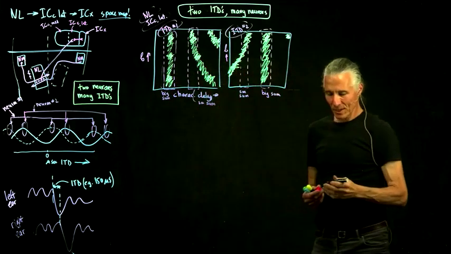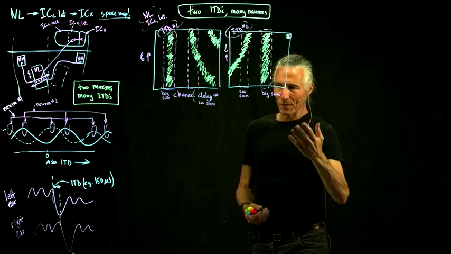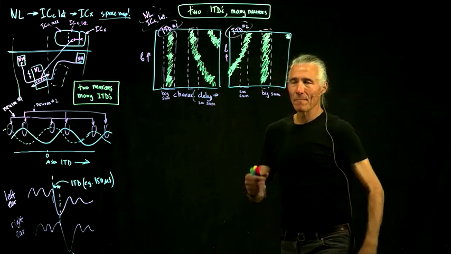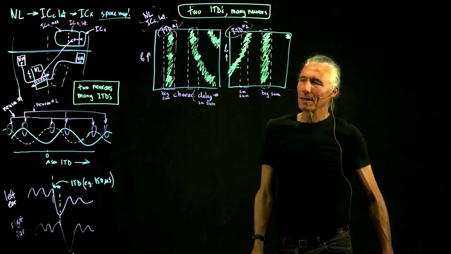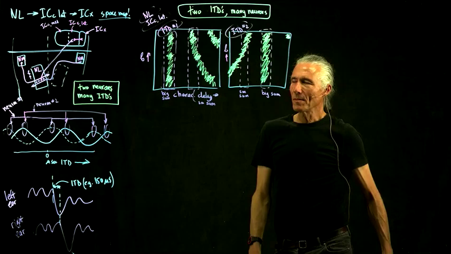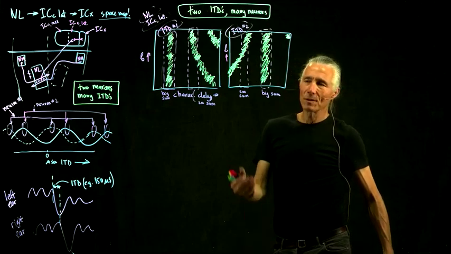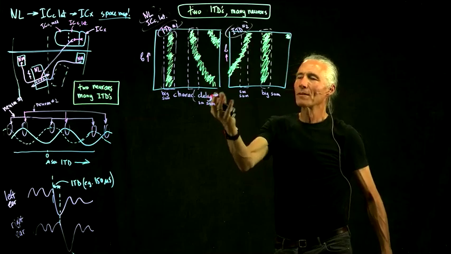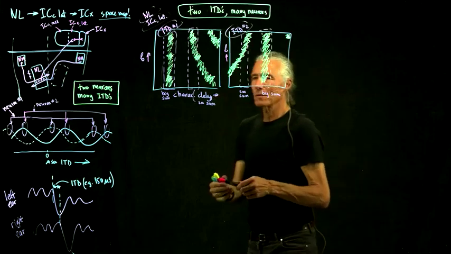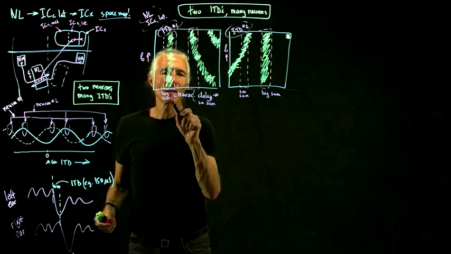So that's the suggestion for how we solve this problem. We look across frequency, and sum across frequency, and then we just find out which sum across all the different frequencies, all the different characteristic delays, is the biggest.